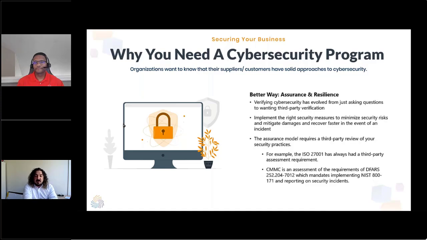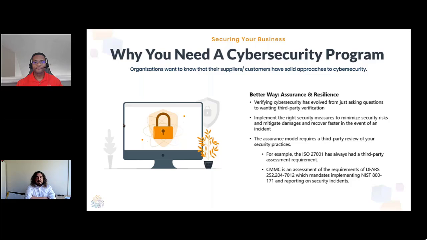So this new approach is an assurance approach, right? How do I tell you, or how do you tell the DoD in this case, that you're doing the right things with their data? So we go from asking questions and looking for attestment to requiring a third-party verification. And we also, you hear about things like zero trust and assume breach.